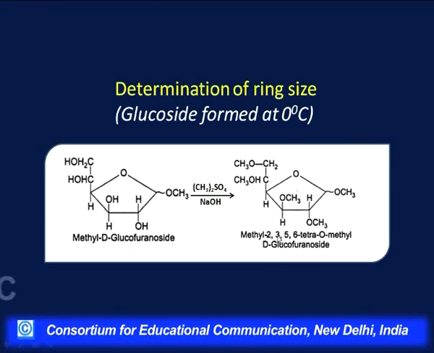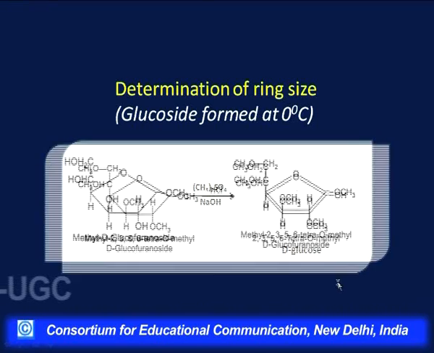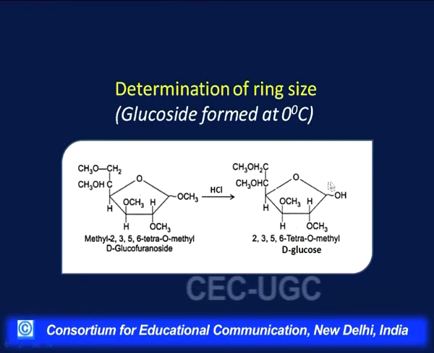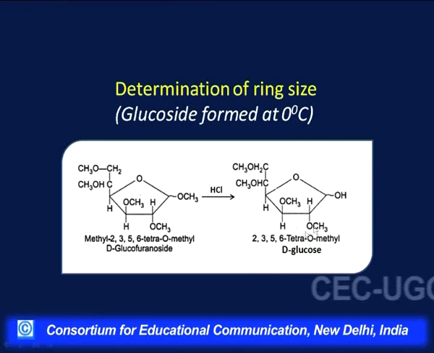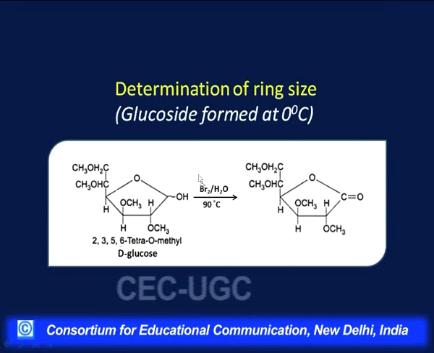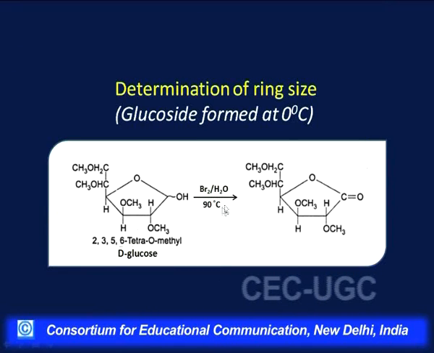This indicates the position where the hydroxyls were there. Since the hydroxyl at carbon number 4 is now involved in the ring formation and the 5th and 6th carbon hydroxyls are available, they get methylated. Then this is hydrolyzed with HCl, this again becomes the anomeric hydroxyl and we get 2,3,5,6 tetra-O-methyl D-glucose. This is oxidized with bromine and then heated.